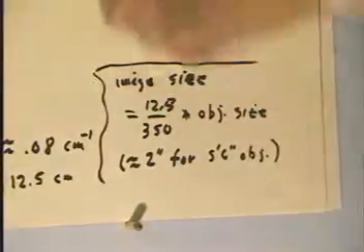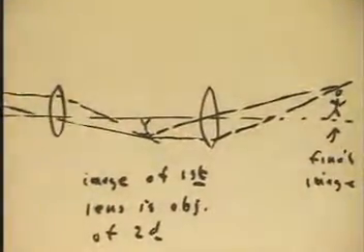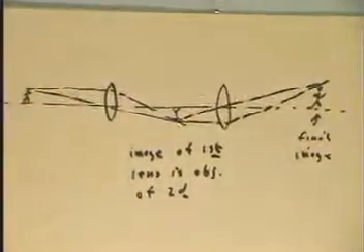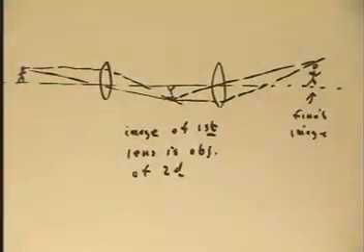It turns out about 2 inches, and that's about what we observed when we measured the image. So the image did appear to be about 2 inches high. Fairly sharp image. Again, you can do this with your television set or with any brightly illuminated object.